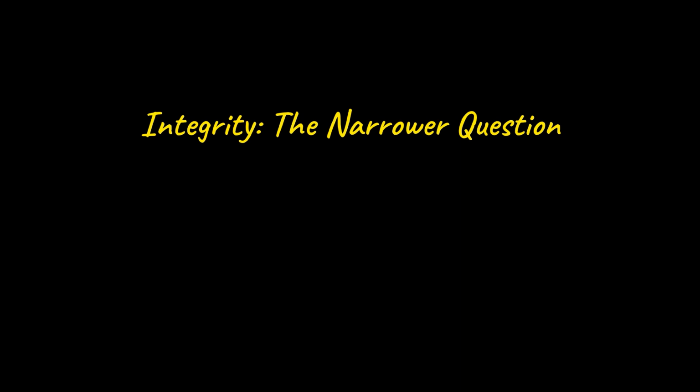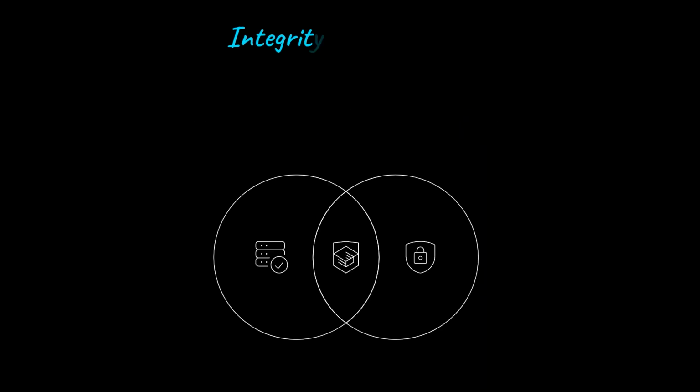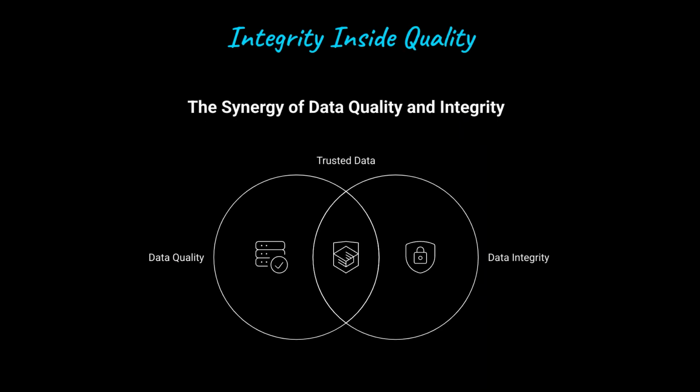Controls like cryptographic hashes, audit logging, and access restrictions are designed to answer exactly that. Data quality is the broader framework. The HIPAA model identifies dimensions like accuracy, completeness, timeliness, and currency, each measuring a different aspect of fitness for use. Integrity is one foundation within that larger structure, not a substitute for it.